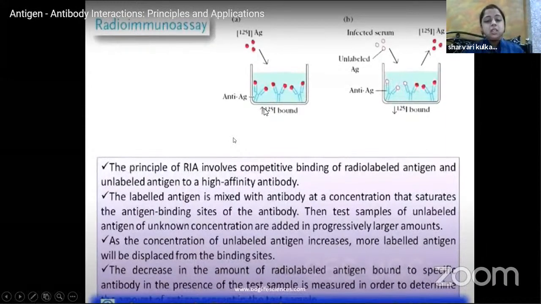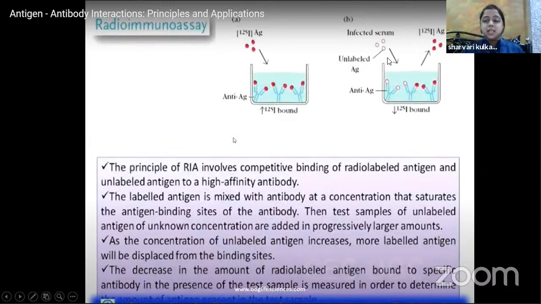You can see here, these are radiolabeled antigen. These are antibodies.